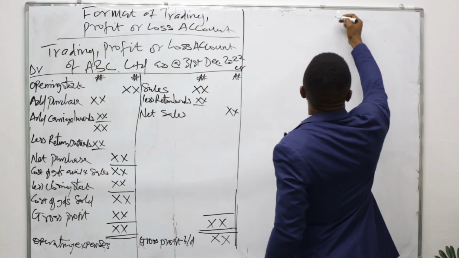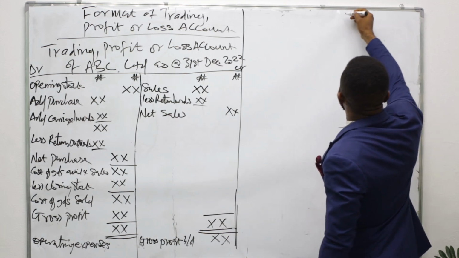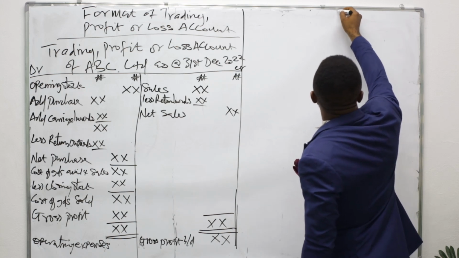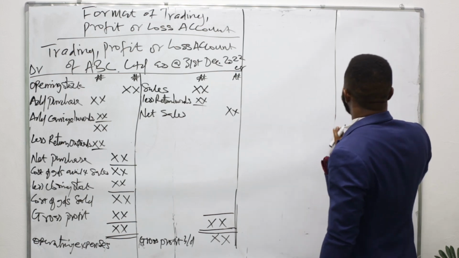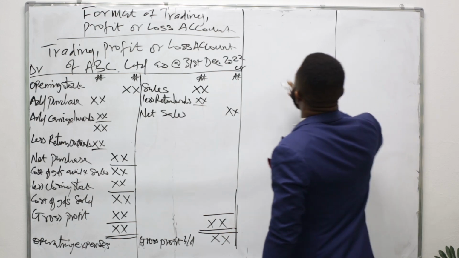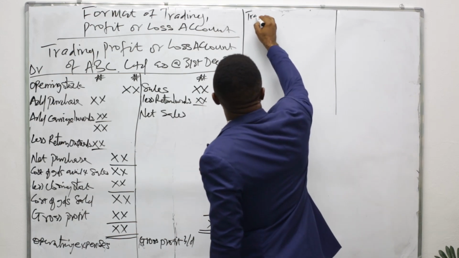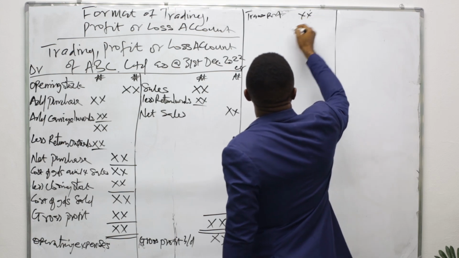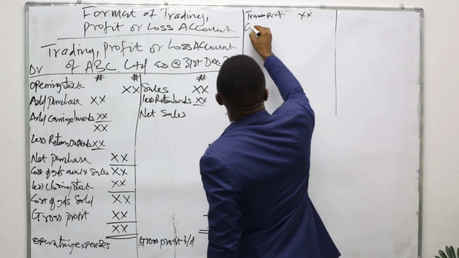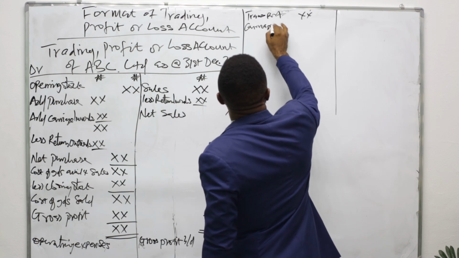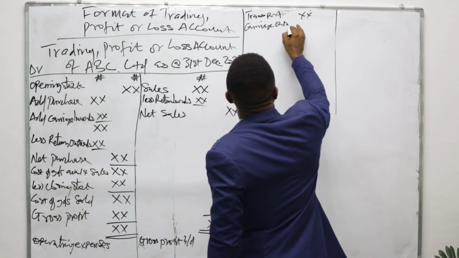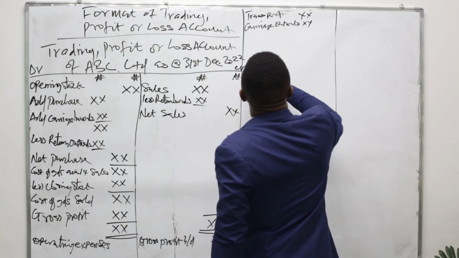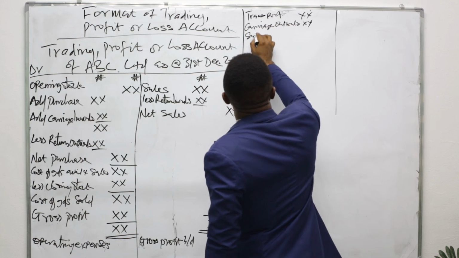Can we just do a continuation on this other side of my board? Let me continue with what I'm doing just to explain better. You have transportation. Permit me to write transport. We have carriage outwards. We have salary and wages.